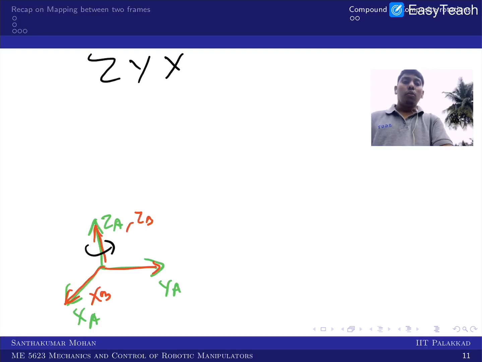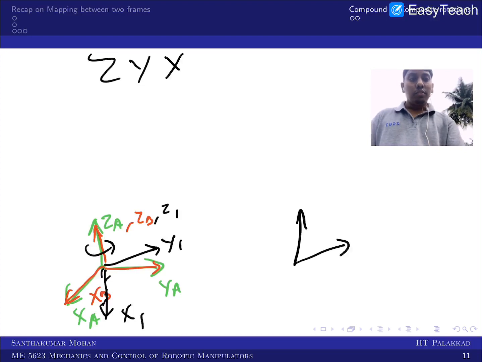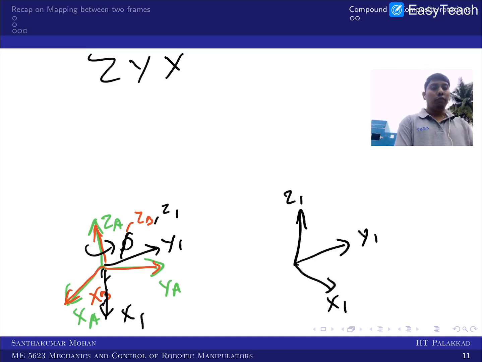Okay. So now this is going to rotate like this. So this is x1 and this is y1, and this rotated frame I call z1, in the sense you can see here. So this is your x1, y1 and z1. So you have done an operation, I call this alpha or phi. Okay, this is the phi angle, just to give a different notation.